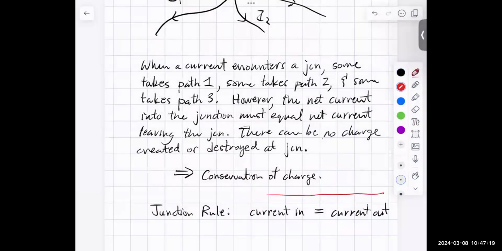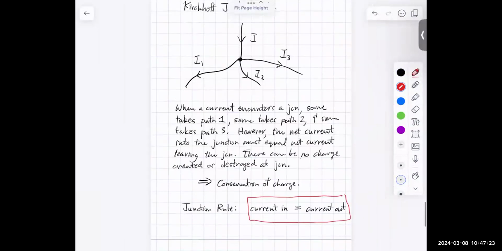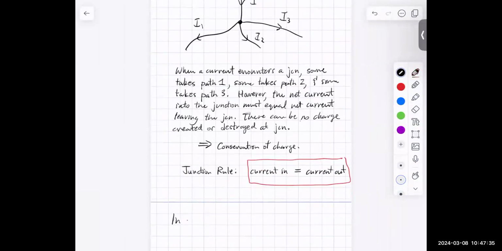So in our example, we had current I coming into the junction, and then we had I1, I2, and I3 heading out of the junction. And so in our example, we would say I is equal to I1 plus I2 plus I3.